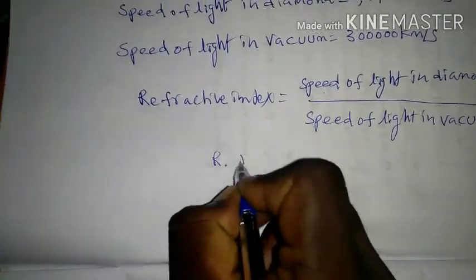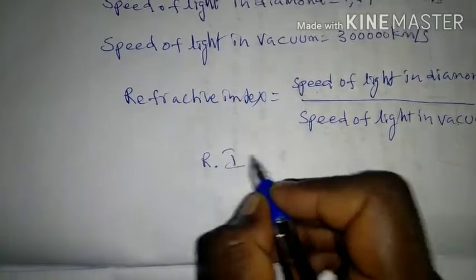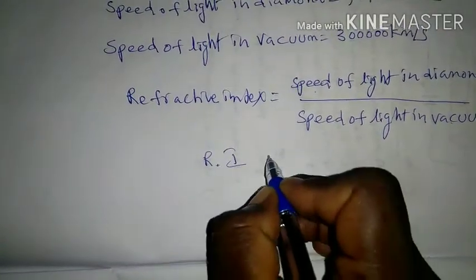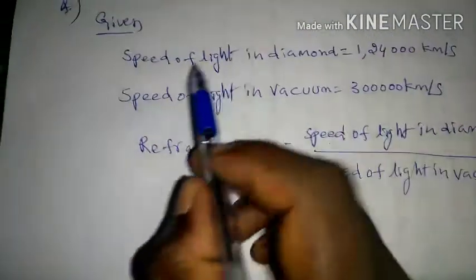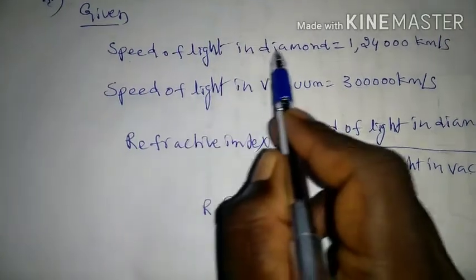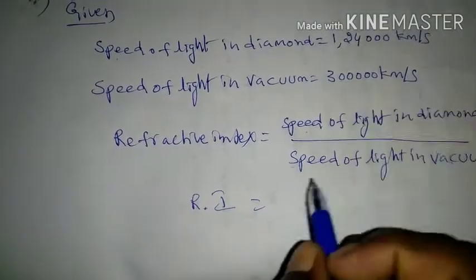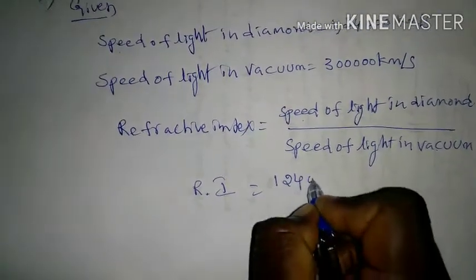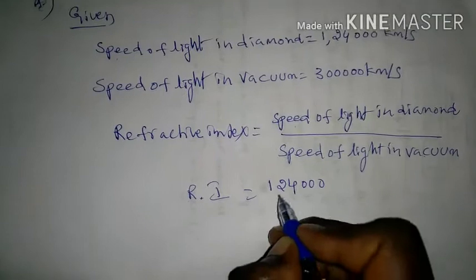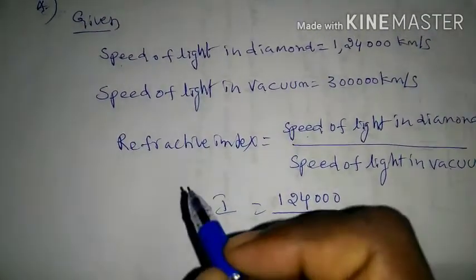After that, refractive index, RI. RI means refractive index. RI is equal to speed of light in diamond, which is 1,24,000, by speed of light in vacuum.